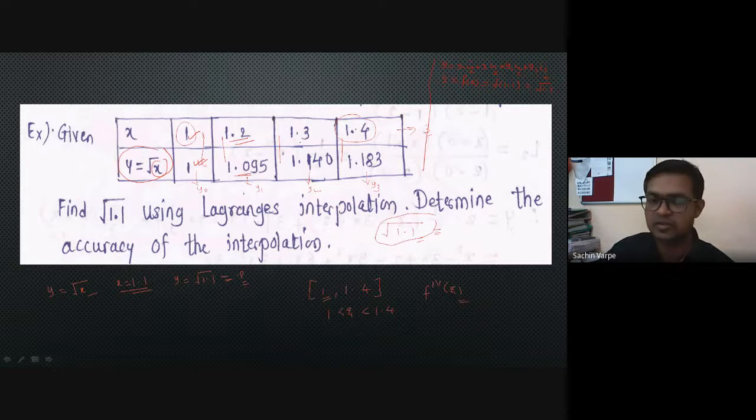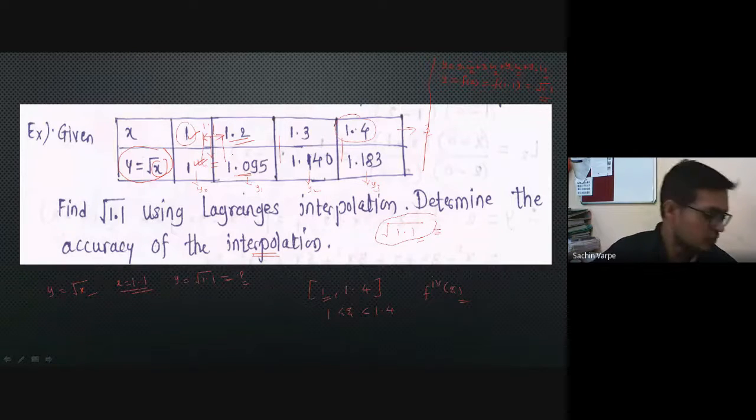This is given to us, and with the help of this we want to guess the value of the root, and we have been asked to find the accuracy of the interpolation. Okay. So with the help of this we'll get the value of y at x equal to 1.1, because that is the only thing which is not given in between these two. At x equal to 1.1, somewhere here, we have been asked to find the value of y, right?